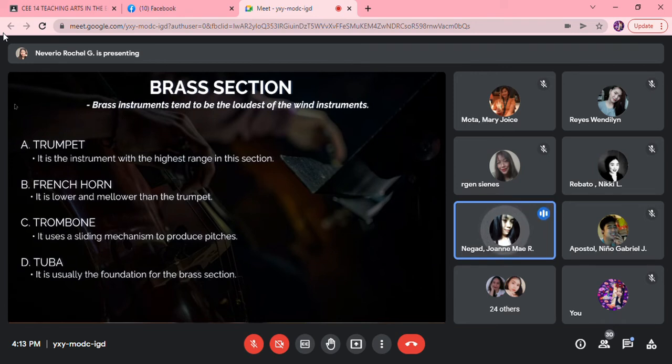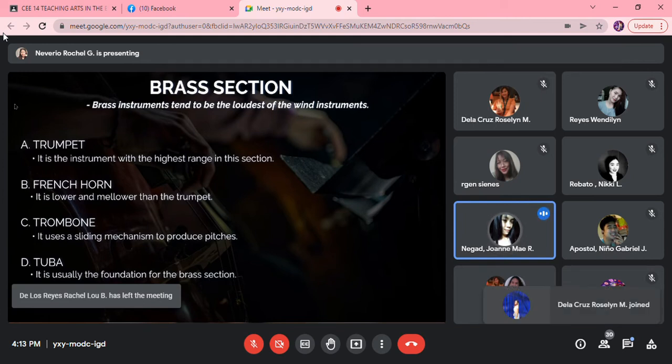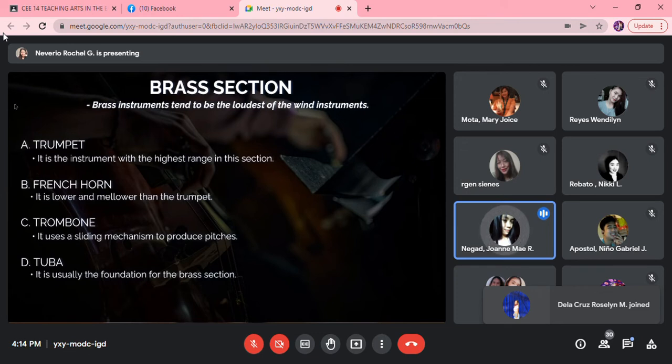So, it is usually used in martial or military teams. So, ang trumpet mostly ginagamit pag may mga martial, yung mga sundalo nagmamarcha. Pitches are controlled by valves that either connect or disconnect main tubes, which gives its distinct shape.